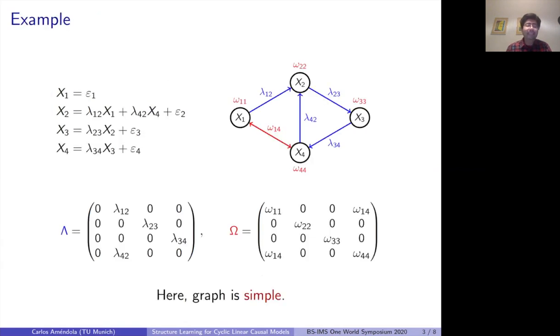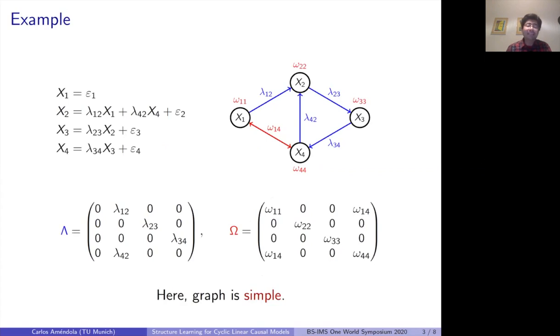Okay, here is an example. Here we have a linear Gaussian model with 4 variables related by the linear equations on the top left. These are conveniently represented by the mixed graph on the right. Here, the blue edge weights are the coefficients in the linear equations, while in red, we mark the bidirected edge weights and the node variances.